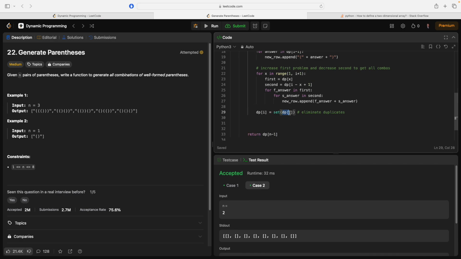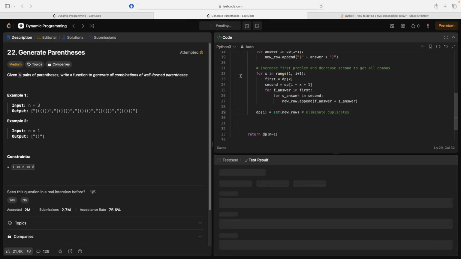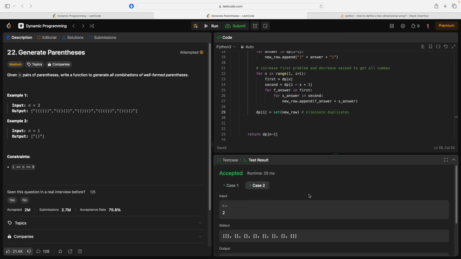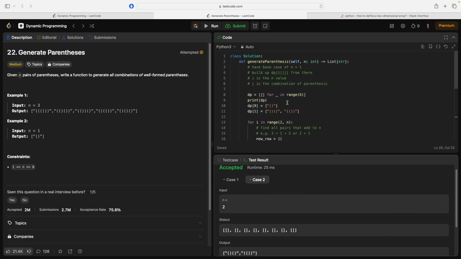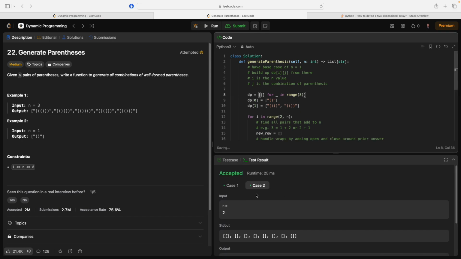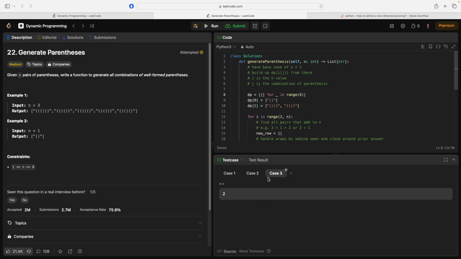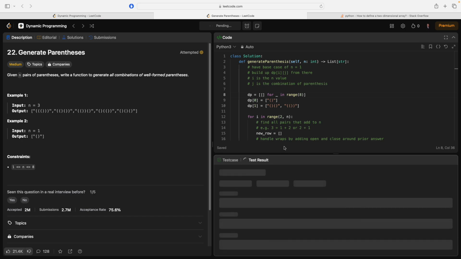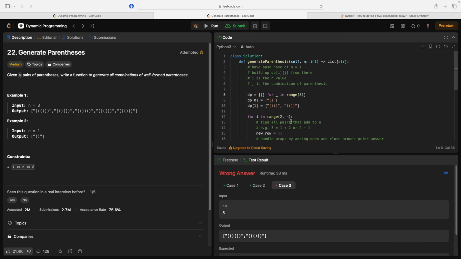Now DP[i] is the set of new row. Would that work? Well, it didn't work for, I mean, I didn't add the new test case, but please work. Please work. Wrong answer.